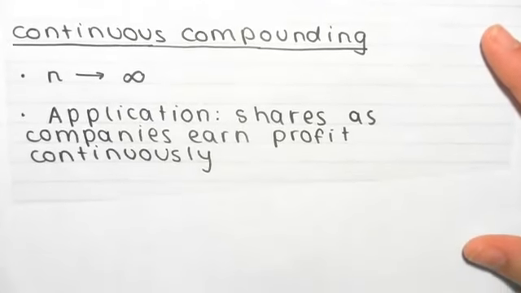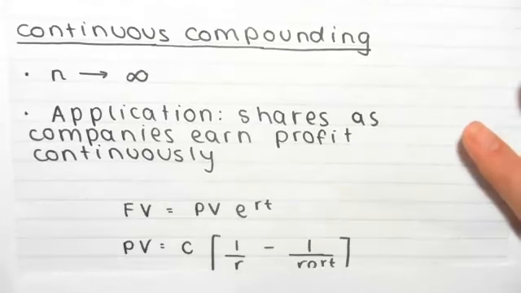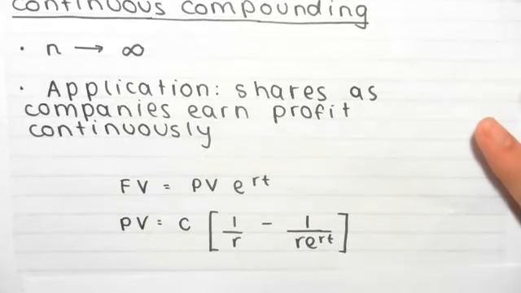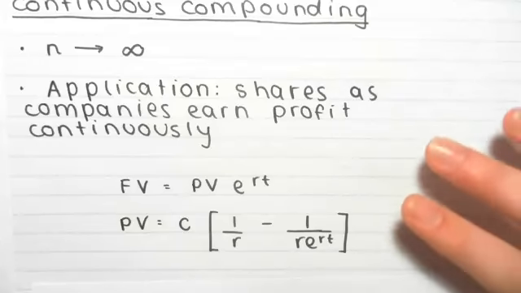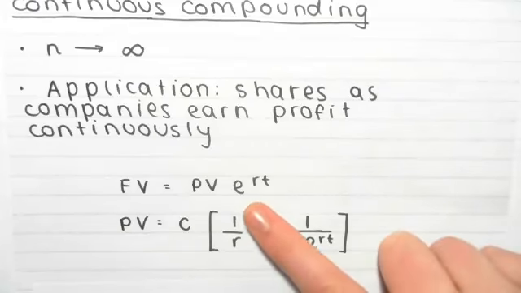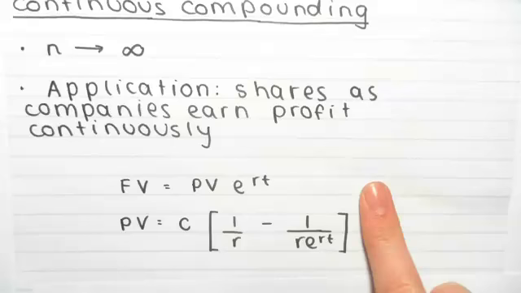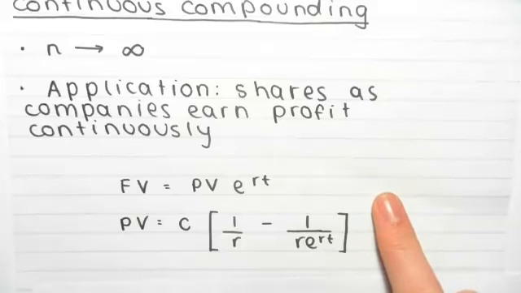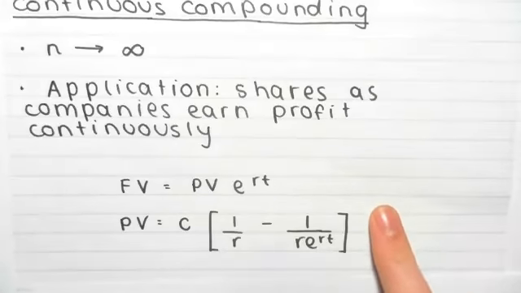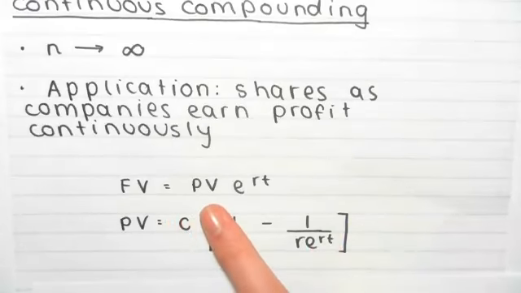So the two main formulas that we work with when it comes to continuous compounding are these two. You can see the introduction of the e here, and these are to the power of, and that basically is due to the n approaching infinity characteristic of continuous compounding. So we've got our future value and present value here.